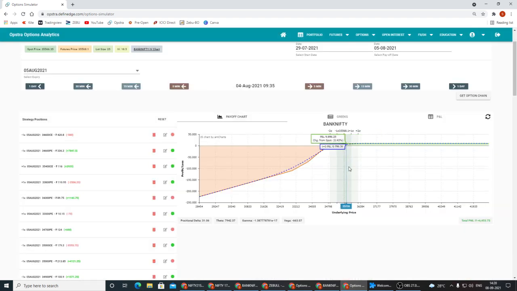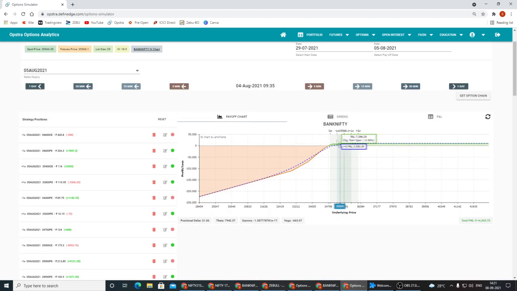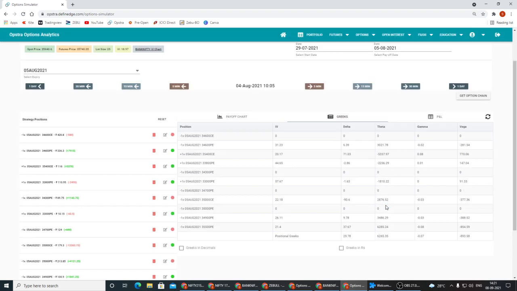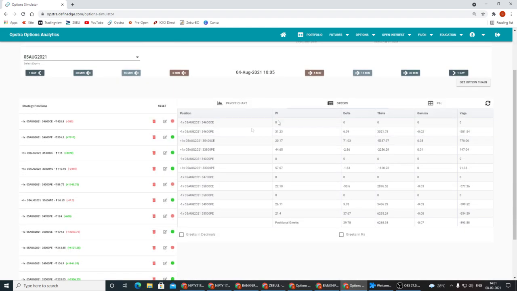See the payoff diagram. So it is in the same condition. Okay, our max profit is 9,800. So once we come to 80% of this 9,800, we are going to close this strategy. Okay, so we will wait a few more hours. Okay, market is moving even higher.